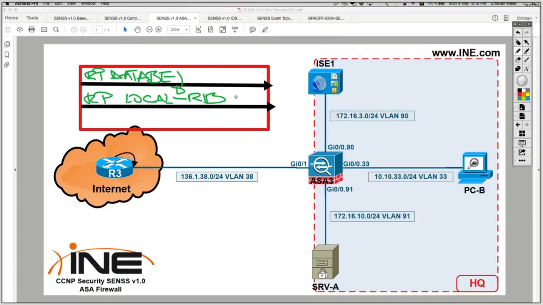Then all of those best paths are sent to the global RIB, which is the process that controls the show ip route, what ends up being installed in the routing table.